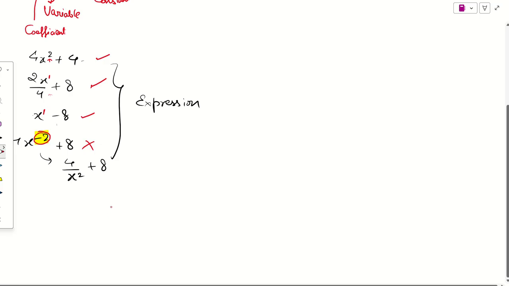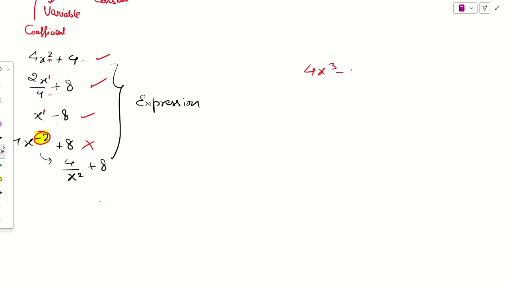Okay, so can you tell me, is it a polynomial or not? It is not a polynomial because here 1 upon x can be written as x to the power minus 1. And when your exponent is negative, it's not a polynomial, right?